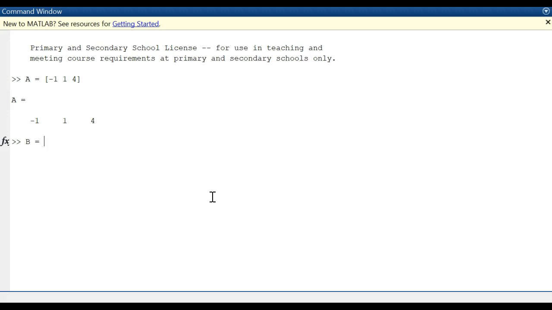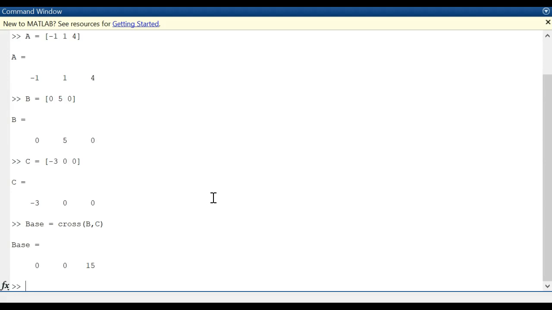B is going in as 0, 5, 0. And C is going in as -3, 0, 0. So what happens if I take the cross product? Let's call this base. Base is going to be the cross product of B and C. That gives me a new vector, 0, 0, 15.